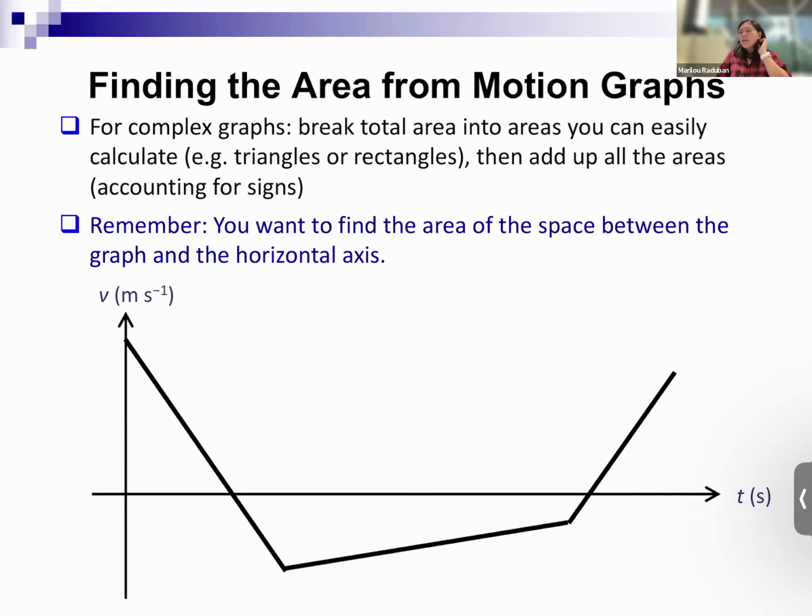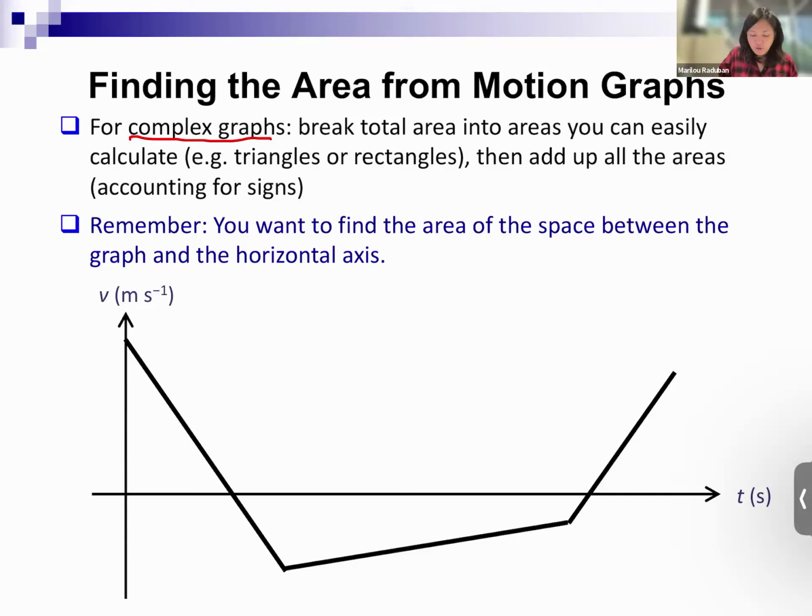Okay. The only real complication comes when you have a complex graph, just like the graph shown here. Right? If you want to get the area of this graph, notice how it consists of polygons that sometimes have complicated shapes.